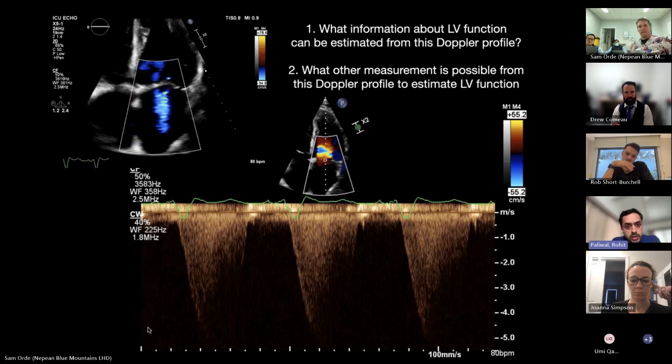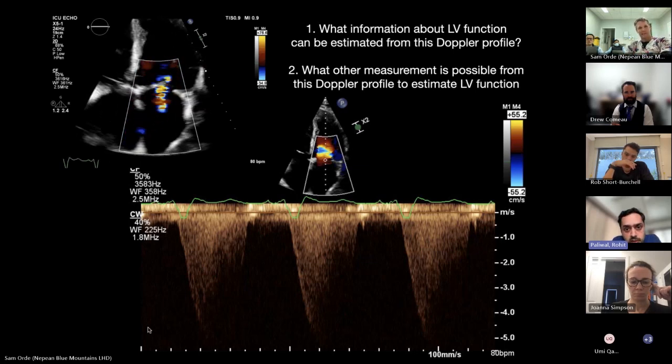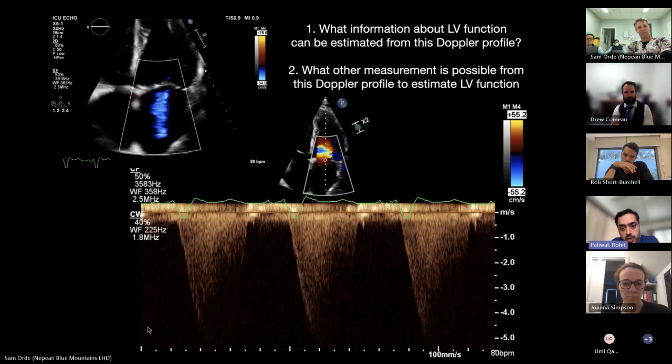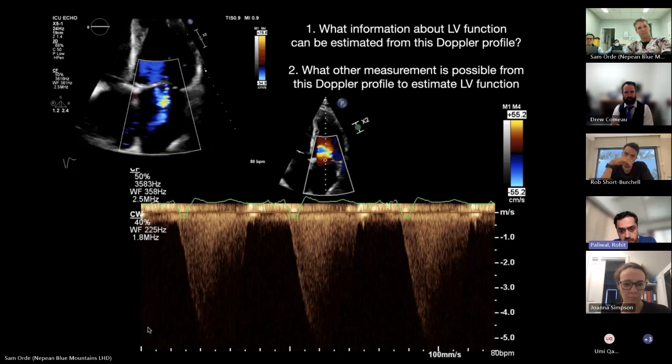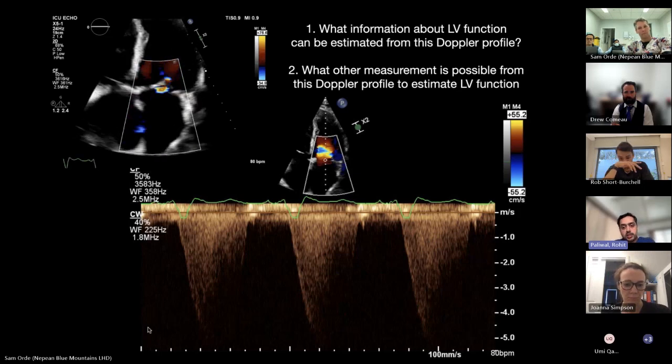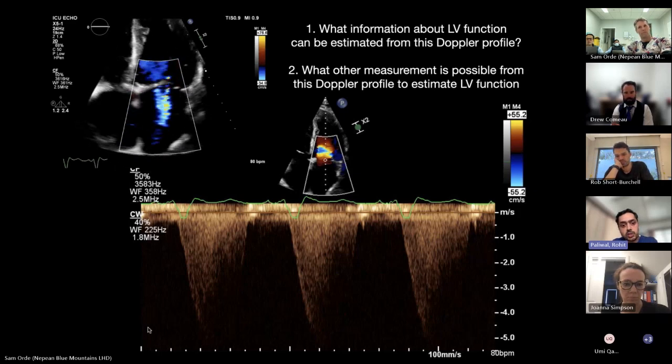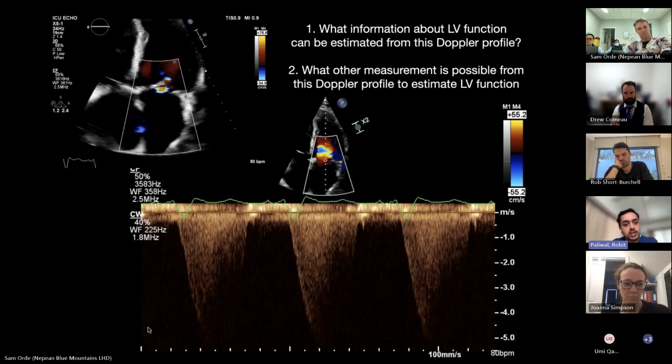Now, looking at the image at the top left, I'm seeing a flow convergence zone on the color Doppler profile and on the continuous wave Doppler profile. So again, the profile looks quite full, but not very dense. So I'd be concerned for moderate mitral regurg here.